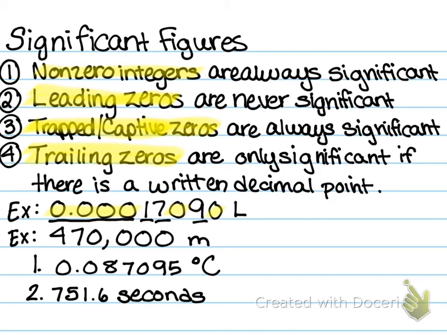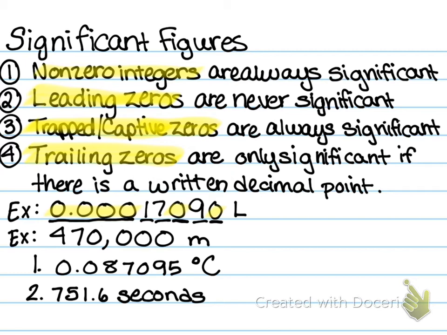We also have a second set of zeros right here in the middle. There's only one of them, and it's between the 7 and the 9. Since it's between two digits that are not zero, that's going to fall into the category of a trapped or captive zero, which means that it is significant, which means we have at least four significant figures with our three non-zero digits and our one captive zero. That takes care of all of our digits except for this last zero, which is at the end, making it a trailing zero.